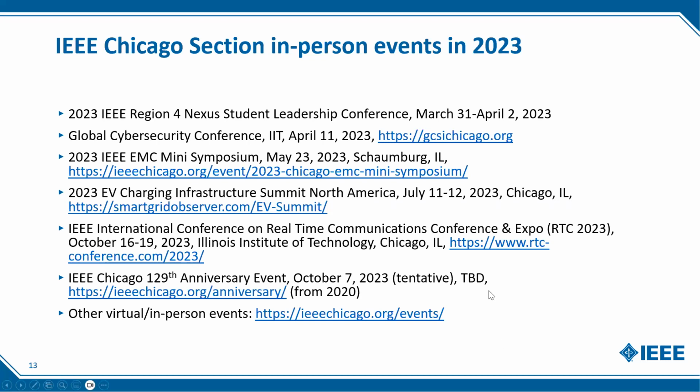And we're planning for October 7th the IEEE Chicago 129th anniversary event, where we invite non-IEEE individuals, as well as students and family members, to come and understand what IEEE Chicago is, to get their students and kids involved in engineering, and to learn how IEEE Chicago can support that, and the programs and resources that we have.